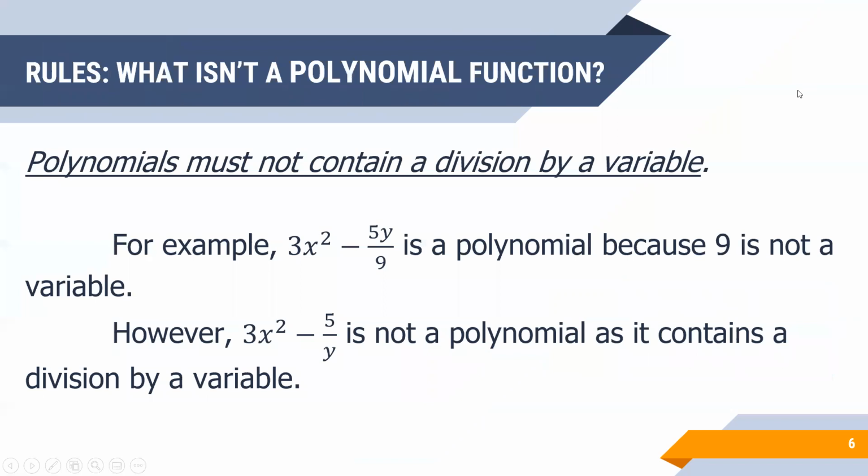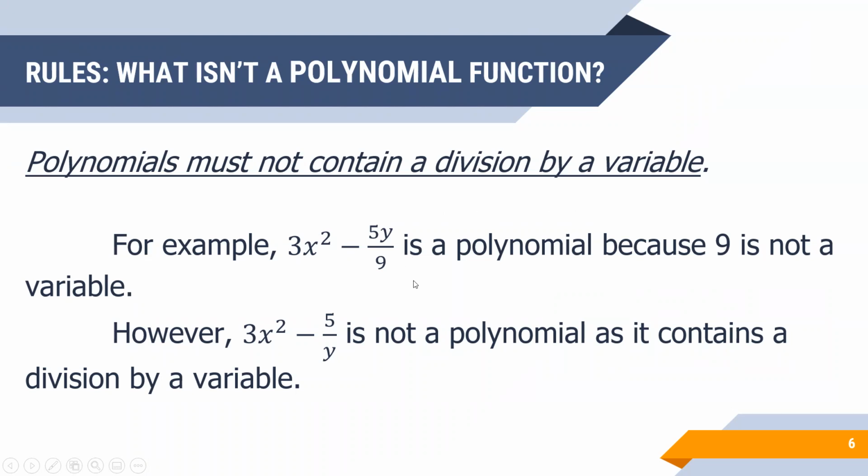So here are some of the rules para ma-consider natin kung polynomial function pa siya or hindi. So ano ba yung mga example ng hindi polynomial function? Sabi dito, polynomials must not contain a division by a variable.